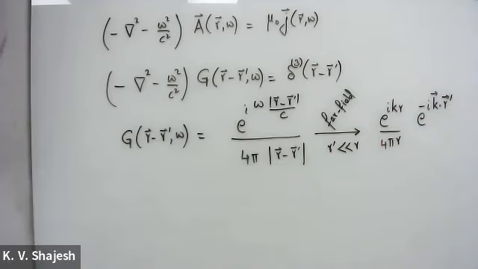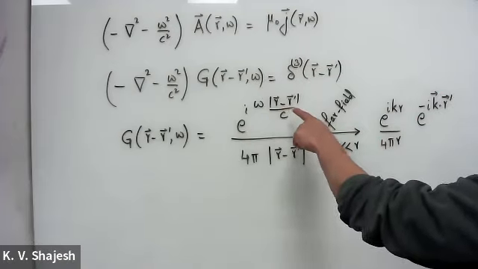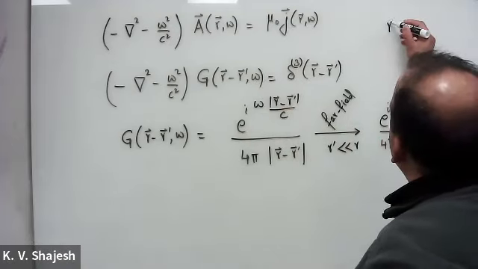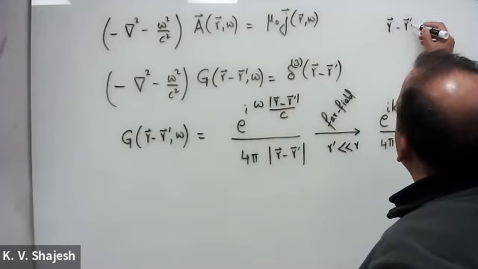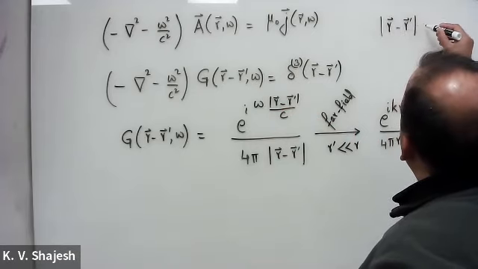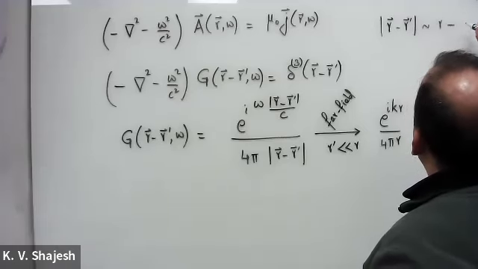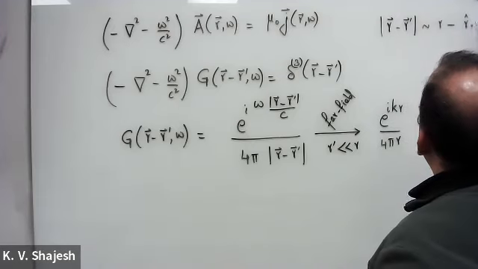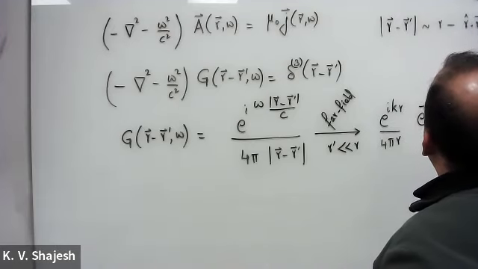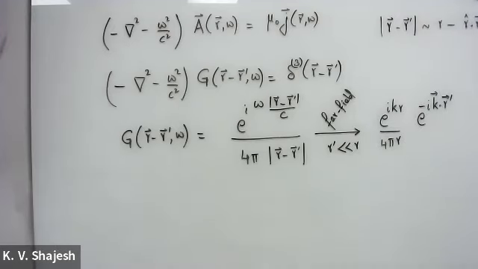So that's a neat feature. It uses the approximation that the magnitude of R minus R prime is approximately R minus R hat dotted with R prime. And that's the far field approximation.